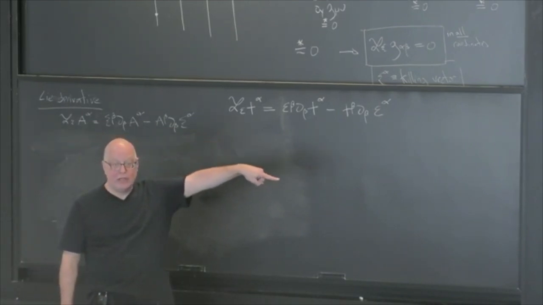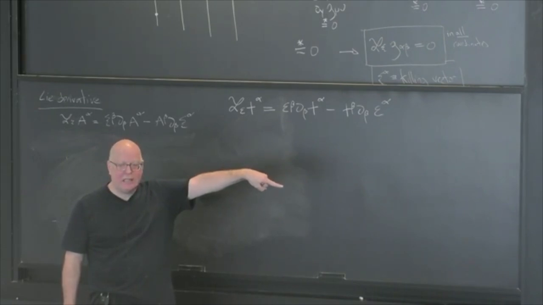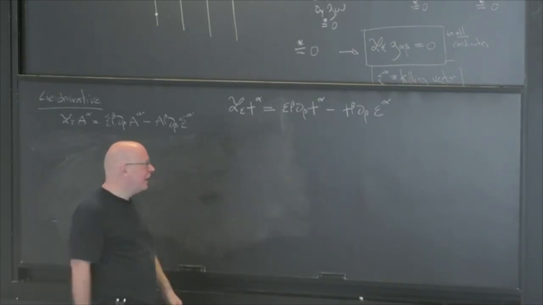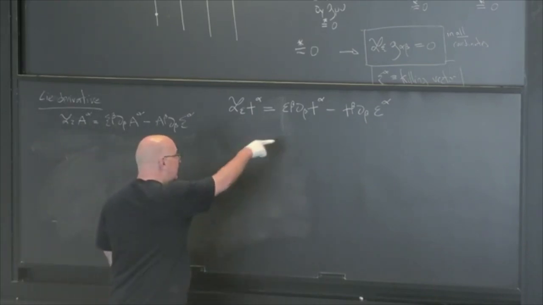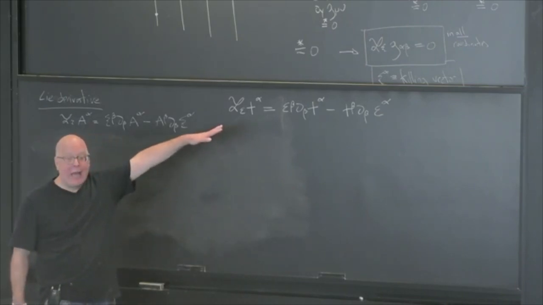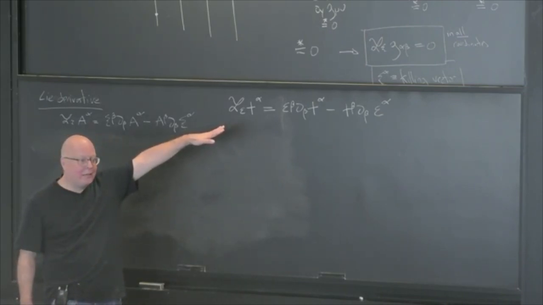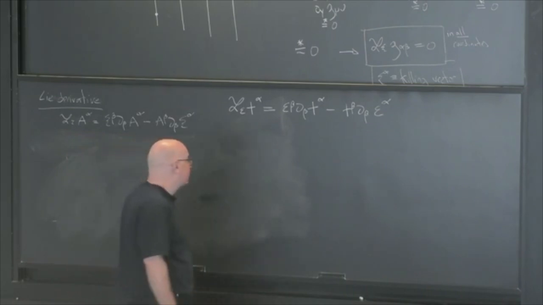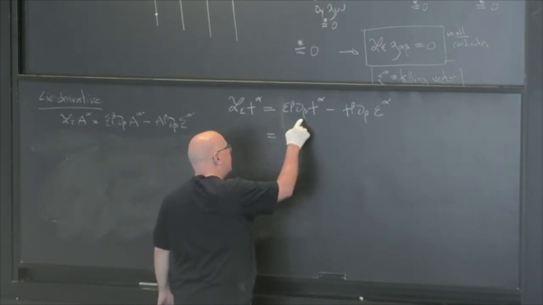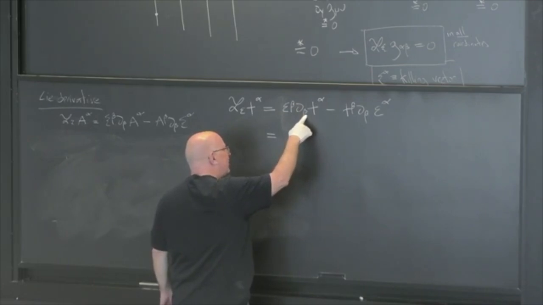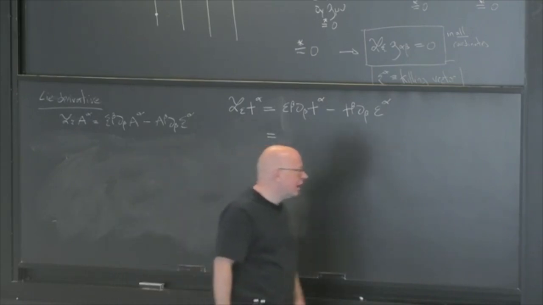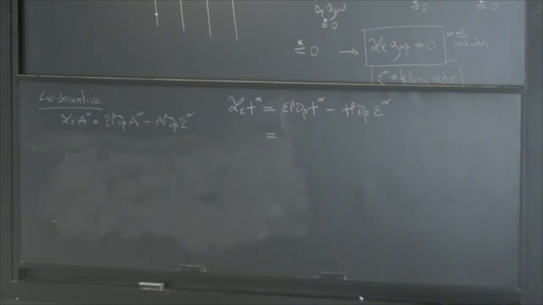Over there I was using the covariant derivative statement because, as we talked about, we can always go back and forth between those ways of writing things. But I'll prove that this is 0 by just working out what the right-hand side is. In fact, I think you're going to see what it is, because that partial derivative here is where I take a partial derivative with respect to the coordinates, and then I project it in the direction of the epsilon vector.